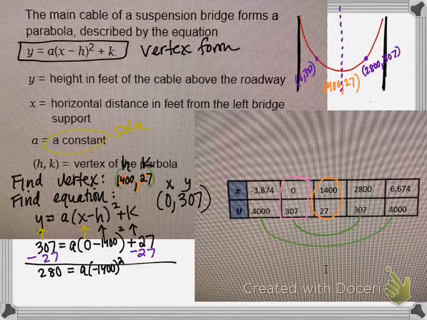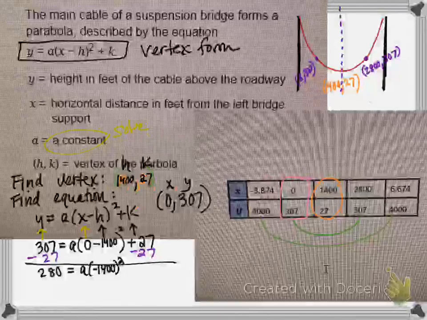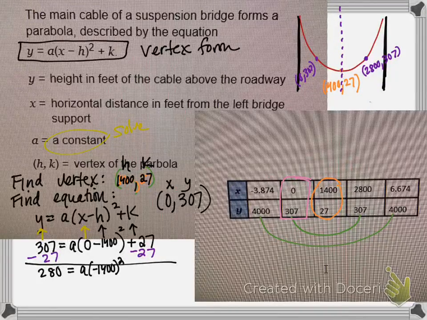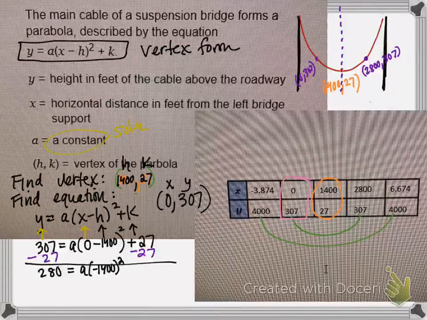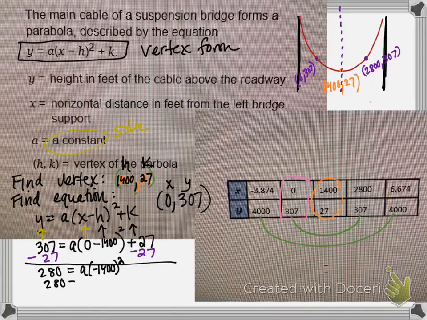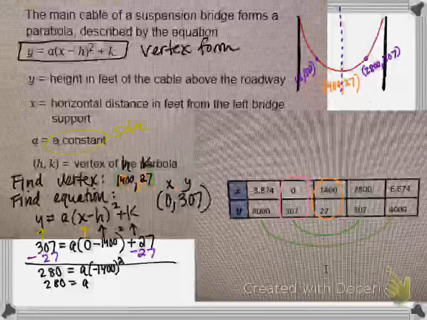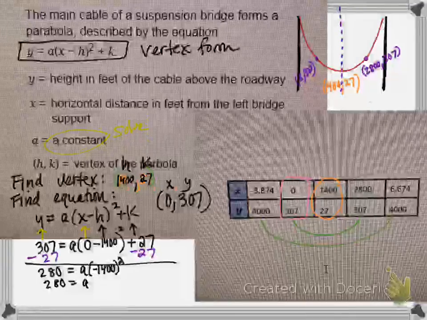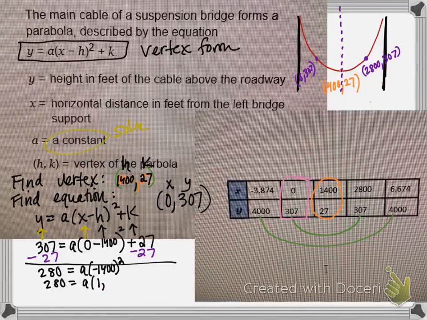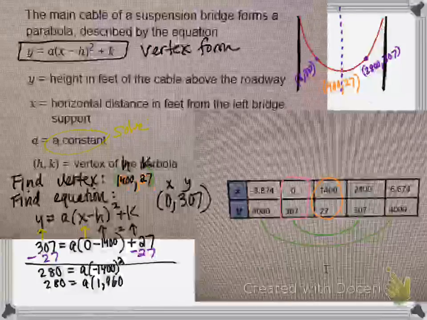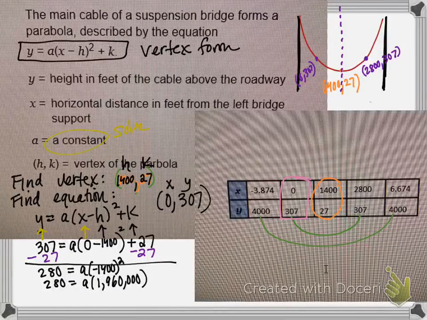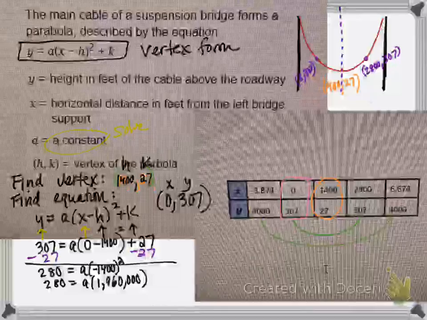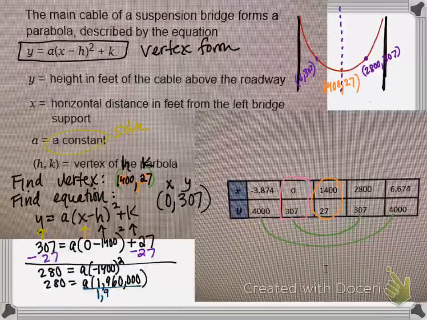All right, so to solve for a, essentially, I could square the 1400 first if I wanted to, or I can move it to the other side by dividing. So let's actually square the negative 1400. When you square it, it will be positive. So if I do 1400 and square that, I get 1,960,000.